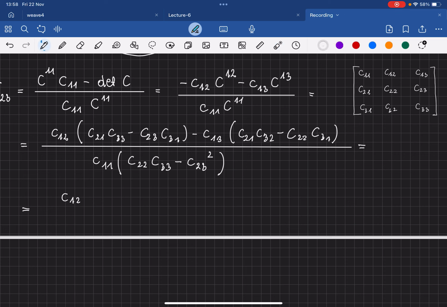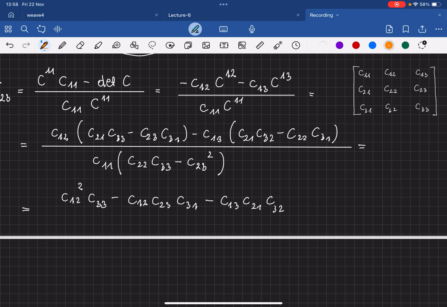So there is C12 squared, C33, plus, minus, not plus, sorry, minus C12, C23, C31, and then again, C13, C21, C32.